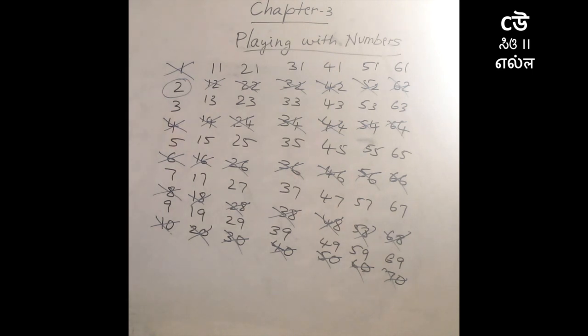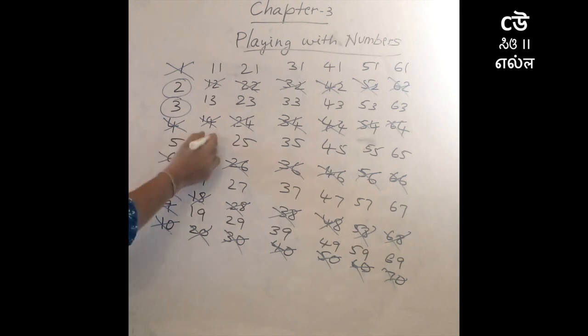Next number we have is 3. 3 is not cancelled, right? Now you should cross out all multiples of 3 except 3. So 3 ones are 3, 3 twos are 6, 3 threes are 9, 3 fours are 12. 12 is already crossed out, no need to cross it out again.